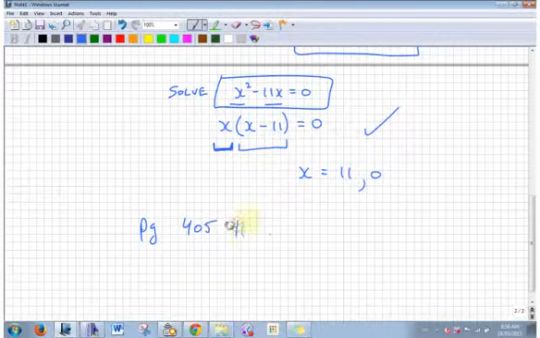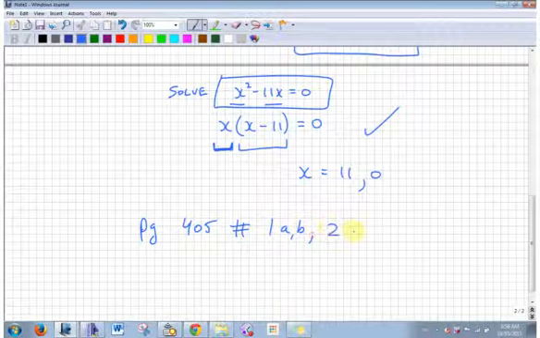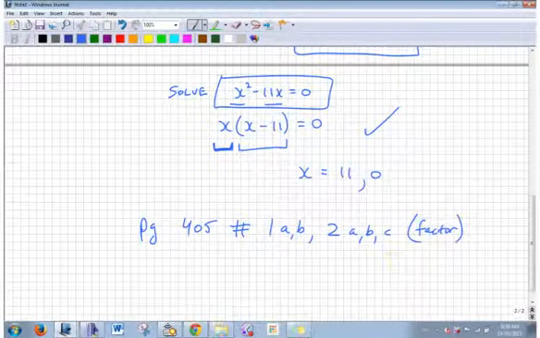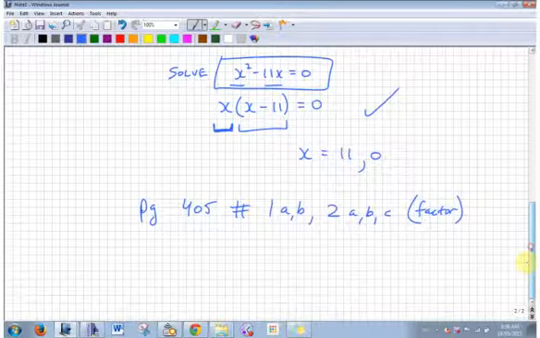So 405, 1AB, 2ABC, factor. Okay, do that with factoring. Now if you try and you try and you try and you still can't do it, then resort to the graphing calculator. Let's at least get the answer, okay? But try to factor it.